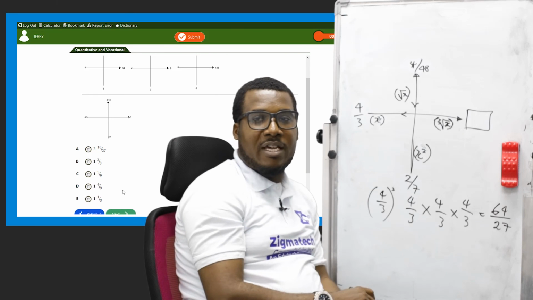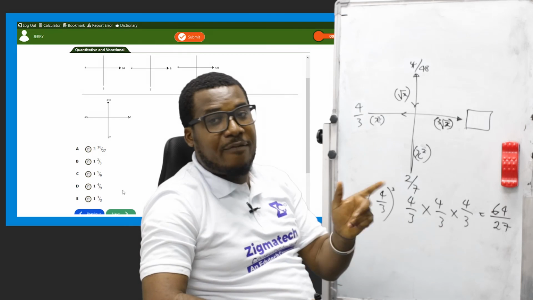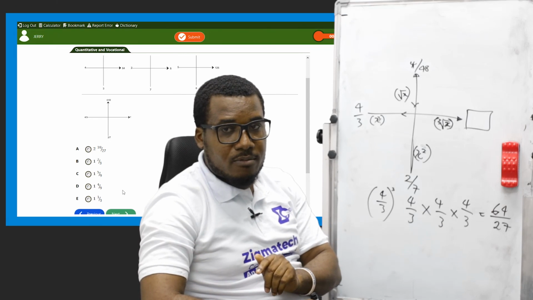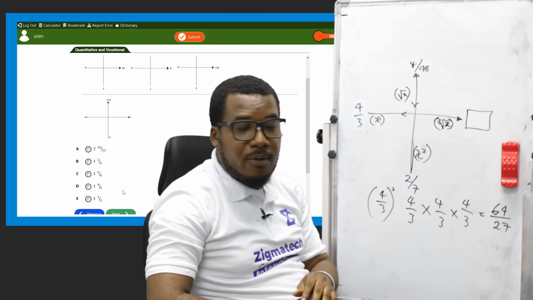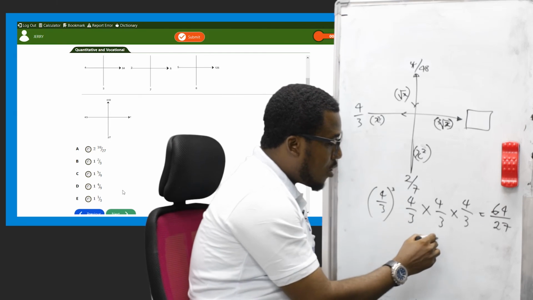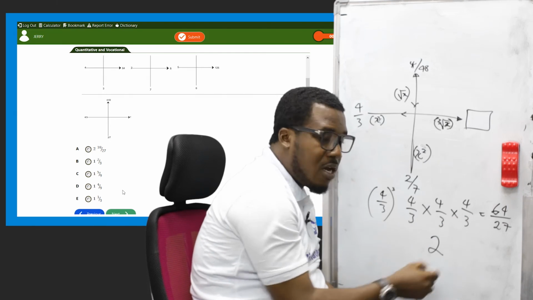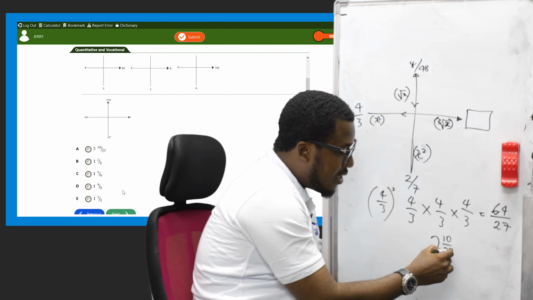You can now break it down, divide. How many times can 27 divide 64? We know that 27 plus 27 will be 54, which will remain 10. So it will go twice, or 2 whole number, remaining 10, which is 10 over 27.